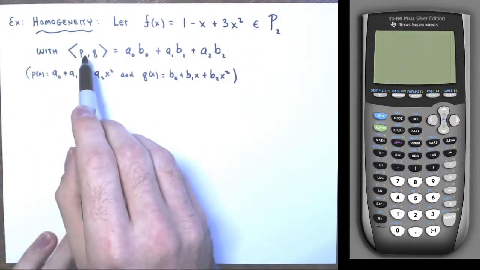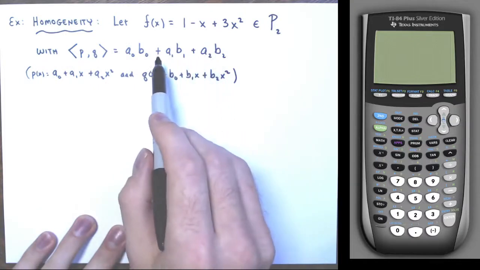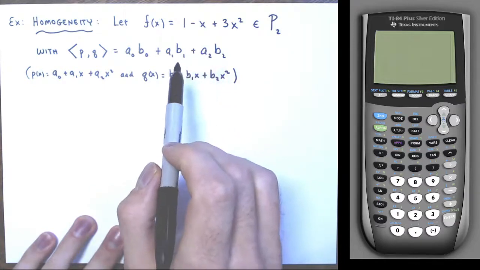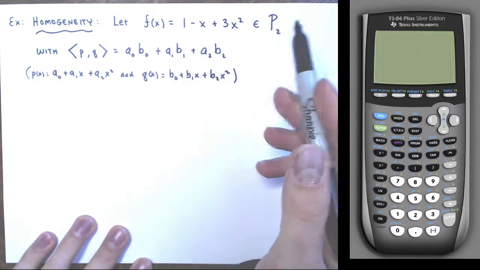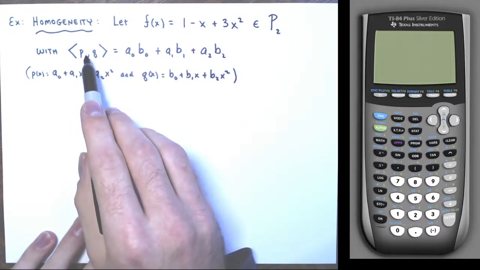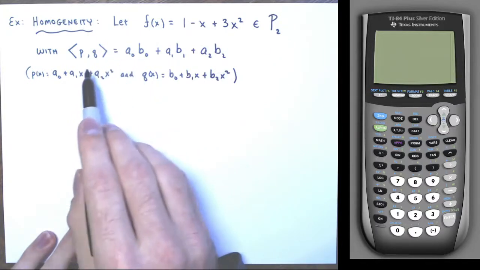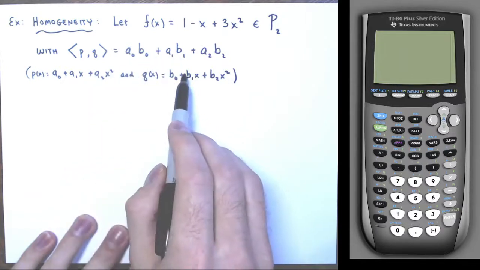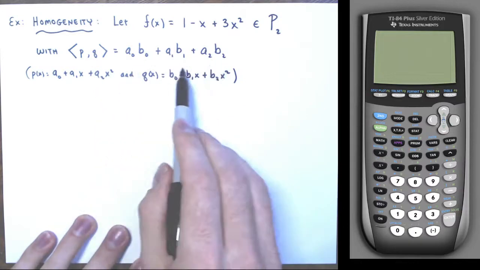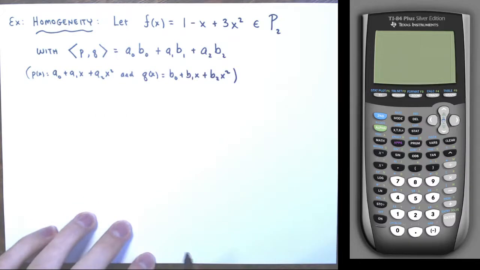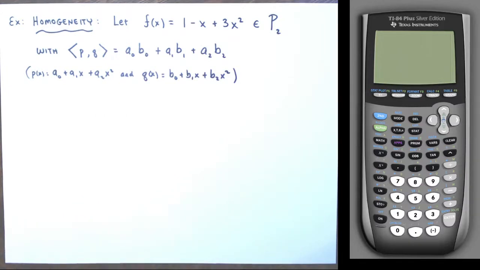With this inner product, now you might say, this looks almost exactly like the dot product in R3, but it's on vectors in P2, on these polynomials, where the inner product of polynomial P with polynomial Q is the product of their constant coefficients plus the product of their linear coefficients a1, b1 plus the product of their quadratic coefficients a2, b2. And you can double check, this is a properly defined inner product. It satisfies all 4 inner product axioms.